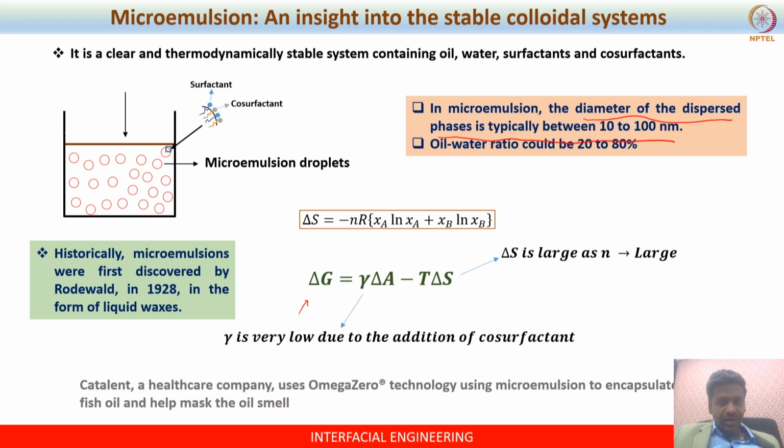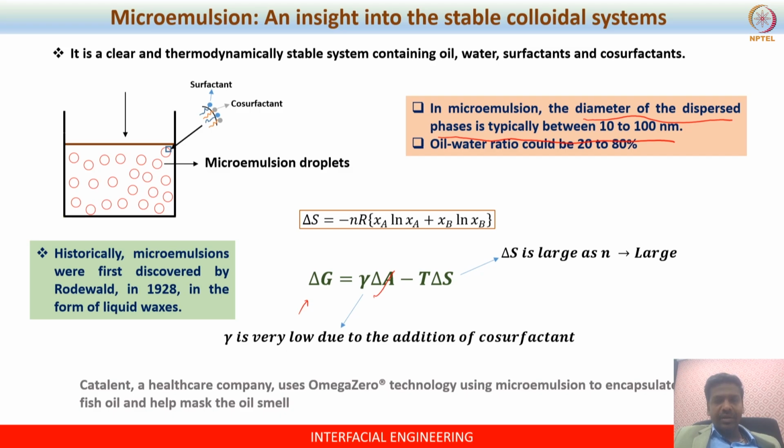So you would expect the enthalpy contribution to be very high. The enthalpy contribution is denoted here as the product of surface tension and the change in surface area. In this case, the change in surface area is very high.